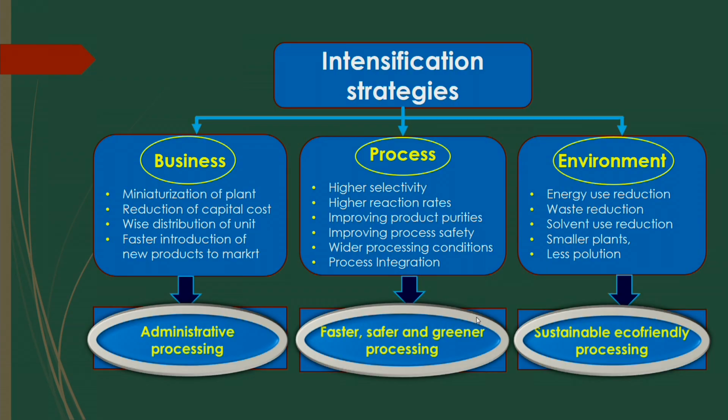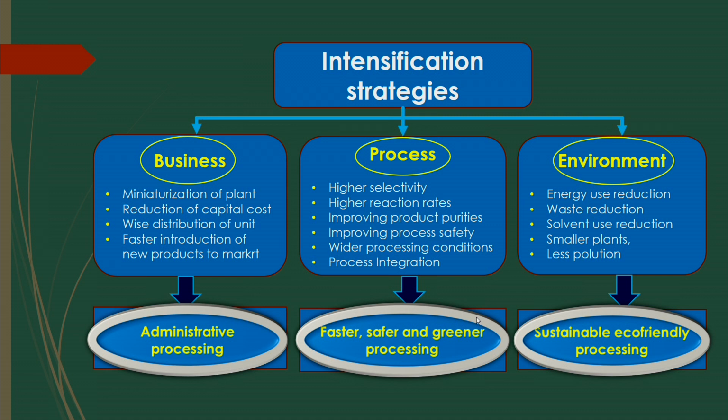Another is faster, safer and greener processing, like higher selectivity, how we can get a higher reaction rate, how we can improve process safety, how we can reduce wide processing conditions, how we can integrate the process to consume less energy, and also need fewer precautions during the operations.